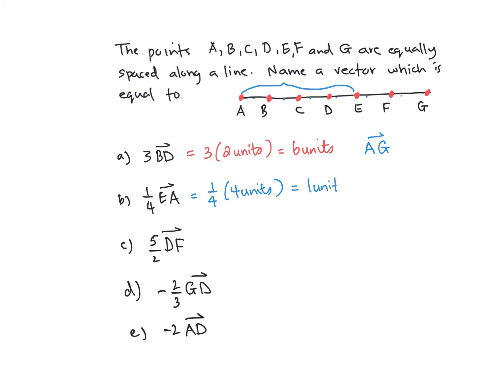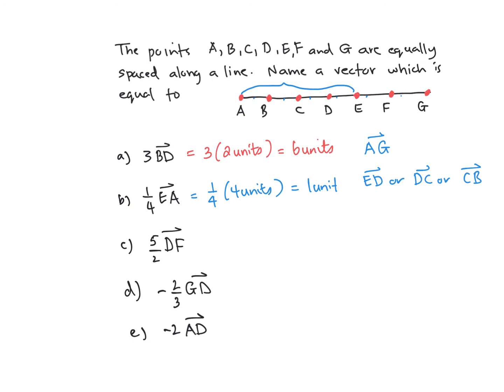So I have to pick a vector that is 1 unit long and it's going to go to the left because E to A goes to the left. So I have lots of options here. I can pick any point. I could pick E to D, or D to C, or C to B, as long as that vector was 1 unit long and went in the direction to the left. So lots of different answers for that one.